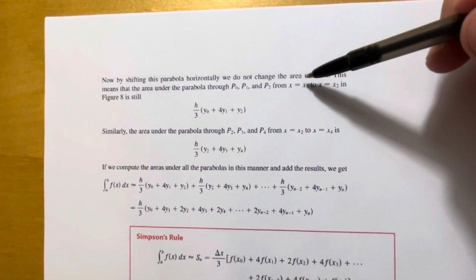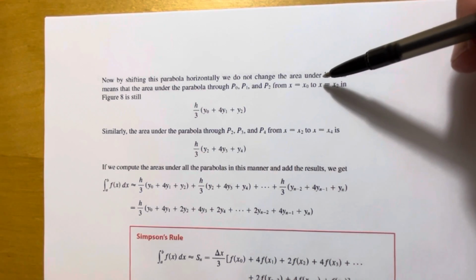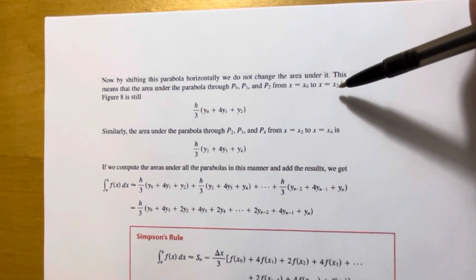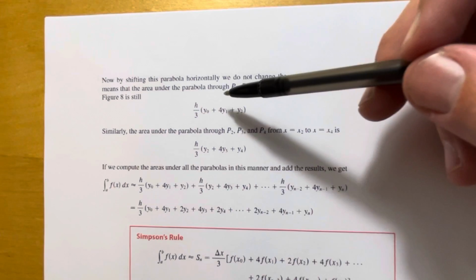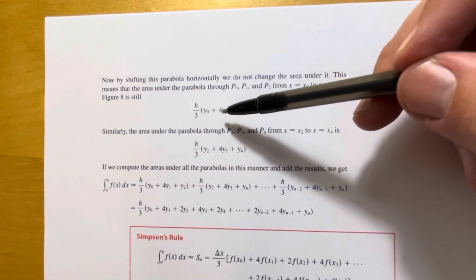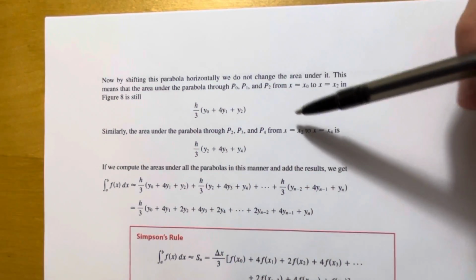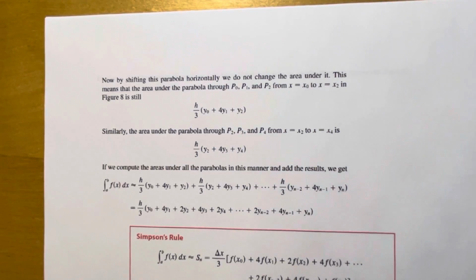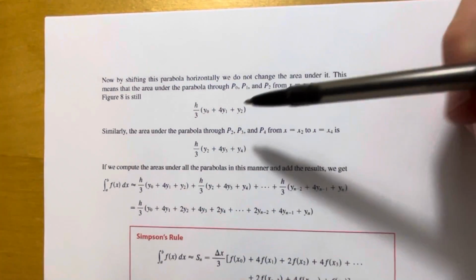So for example, if x is equal to x0, x1, and x2, I would use that here. And I could then use the same result over and over again for the other parabolas as well.